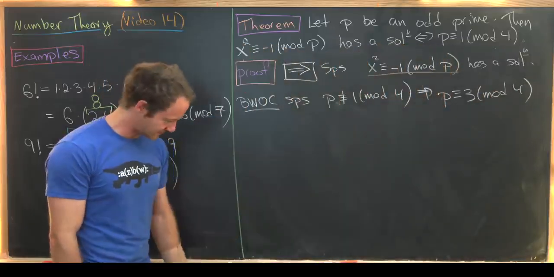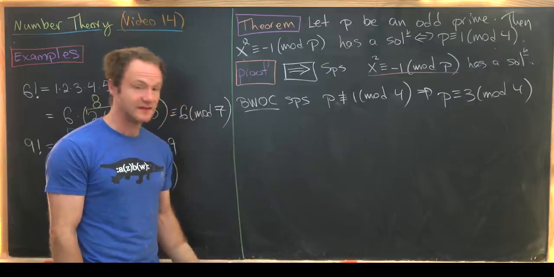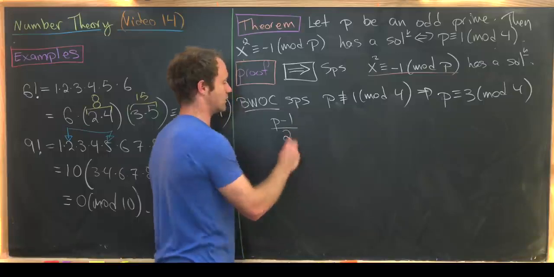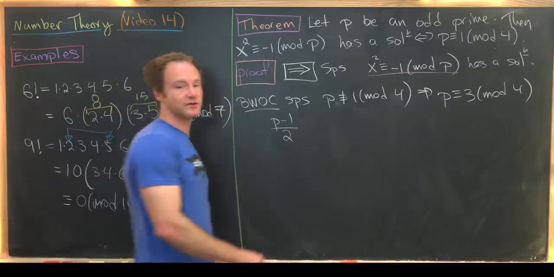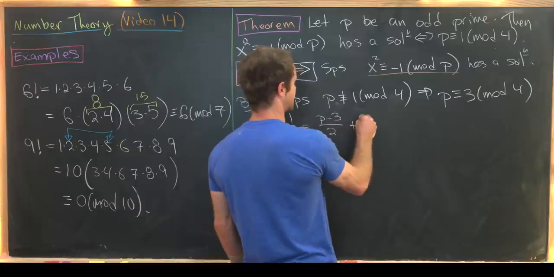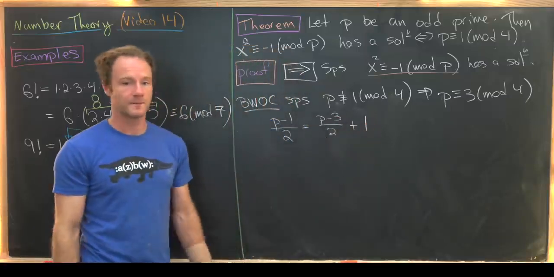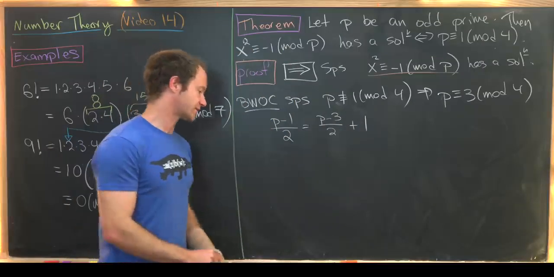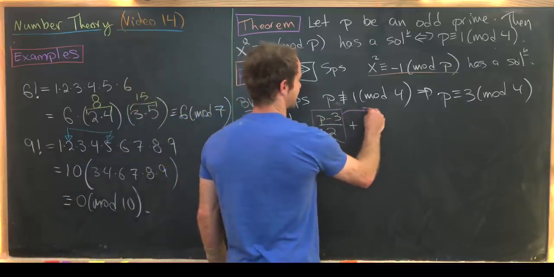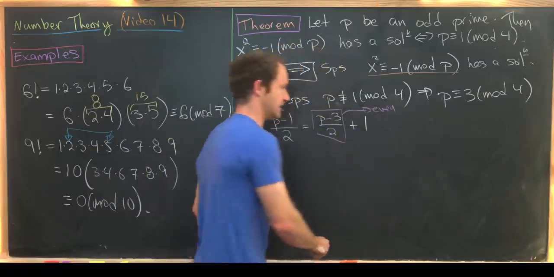But now we can look at a similar object to what we did in the other direction of the proof, and that is (p minus 1)/2. So notice that that is going to be equal to (p minus 3)/2 plus 1. So notice (p minus 3)/2 is even.